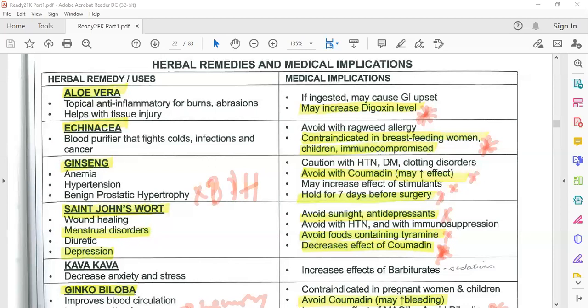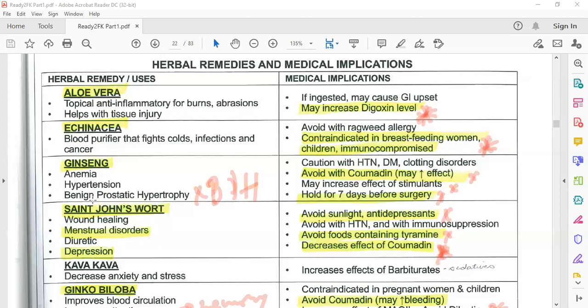Another common herbal medication we use is called ginseng, right? Ginseng we use for anemia, for hypertension, and also for benign prostatic hyperplasia.